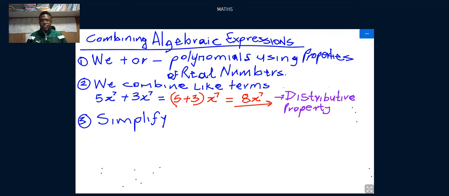Okay. Now, I'm going to talk about combining algebraic expressions. When we combine algebraic expressions, remember, from lecture 1 up to lecture 4, I have been showing you guys the rules, the fundamentals, the principles, the procedures of how to do algebra and how you work with algebra.